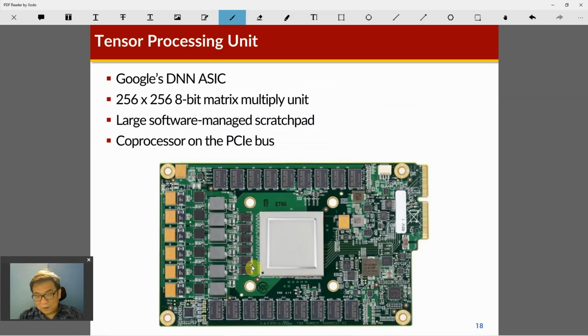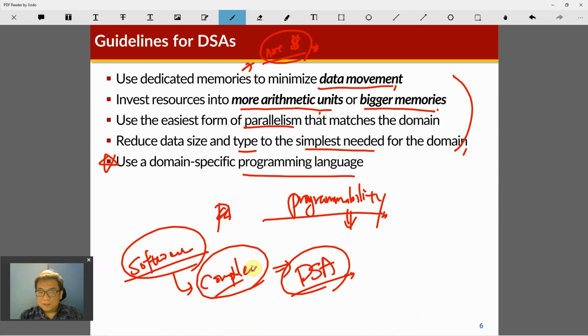So it's very based on this guideline. The TPU also has very simple and deterministic data movement instructions. Also invest resources into more arithmetic units and bigger memories. We will check this factor on the TPU, but it is true that the TPU has a very large matrix multiplication engine.